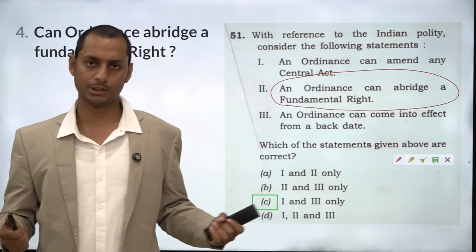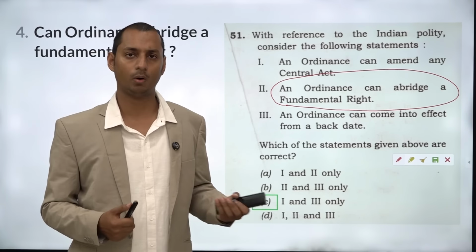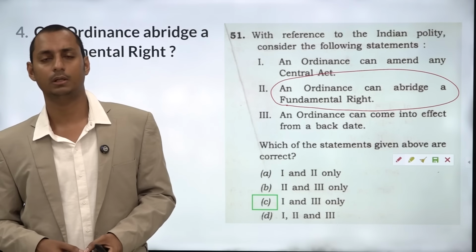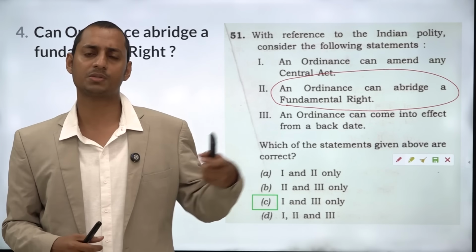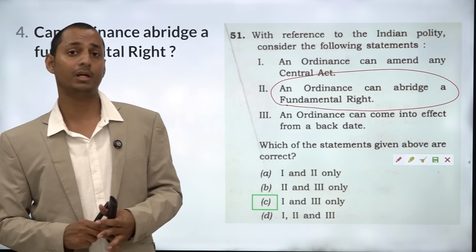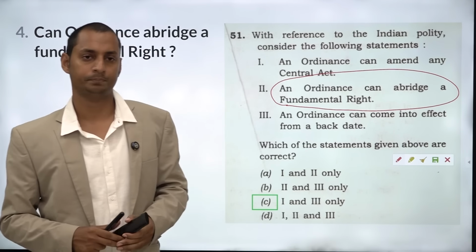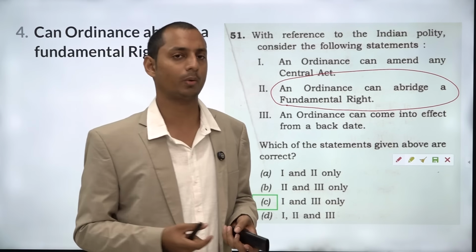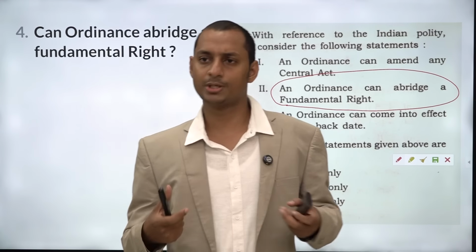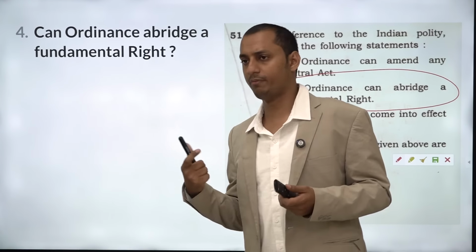They can bring an act, an ordinance, a bylaw, anything which actually violates one of the fundamental rights. Then we'll have judicial review, and the Supreme Court will strike it down. So in the practical sense, the president can bring an ordinance which actually violates the fundamental rights.